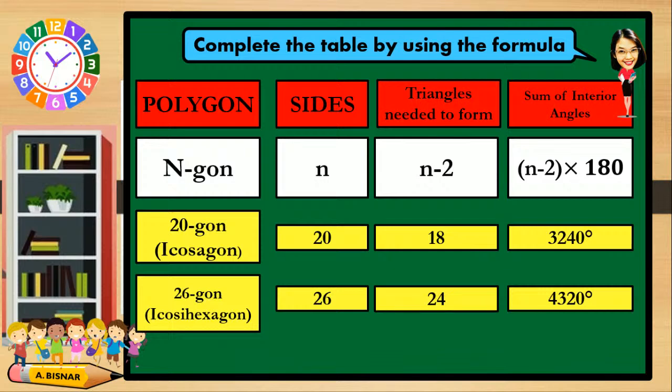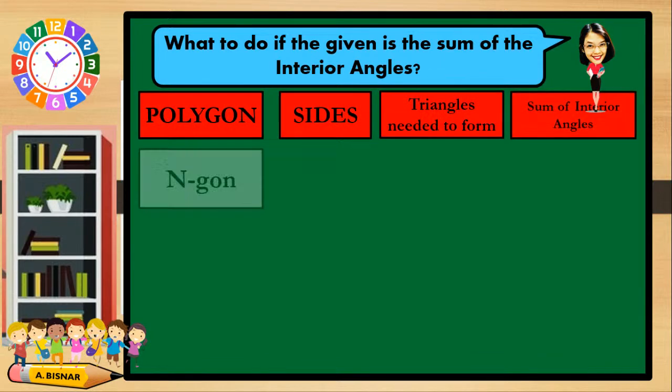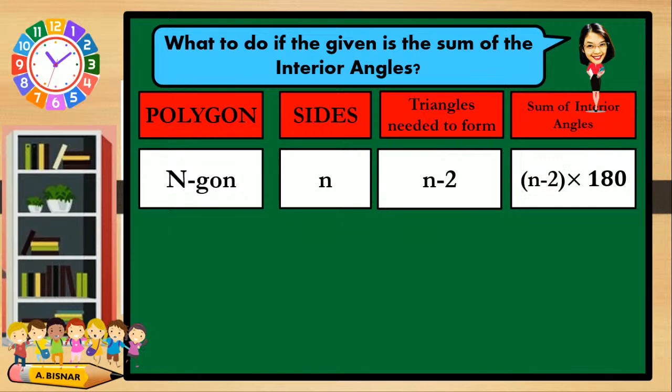Okay, next. What to do if the given is the sum of the interior angles? So, ibig sabihin, yung kabuuan yung given. Ang hahanapin mo ay kung ilan yung sides. For example, this is the formula that we've used, right? Paano kung sa dulo tayo magsisimula?